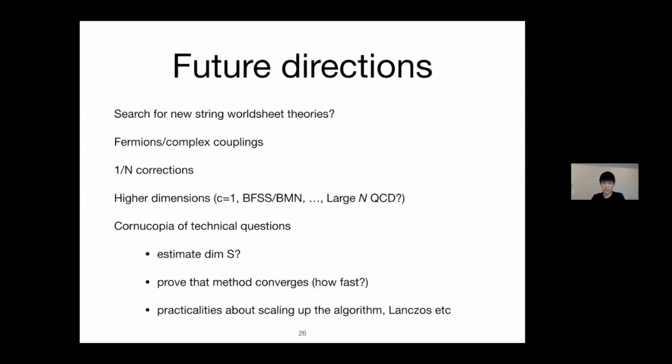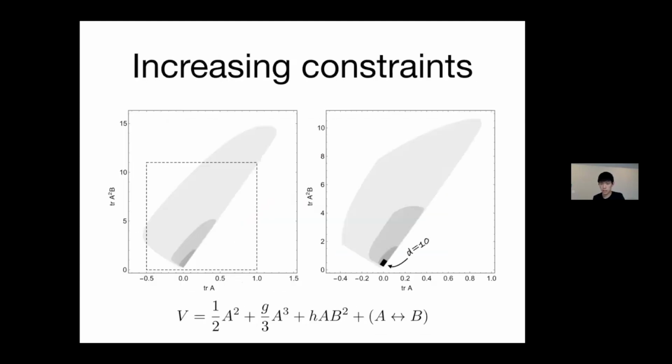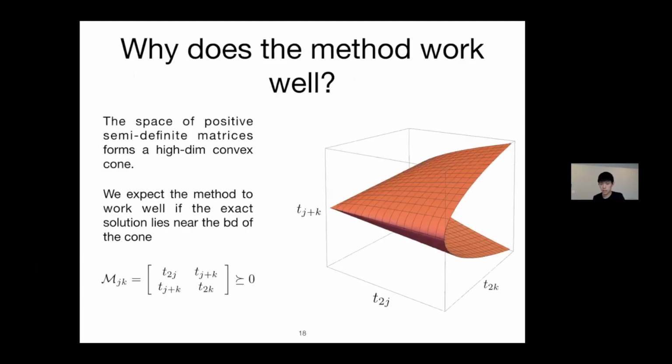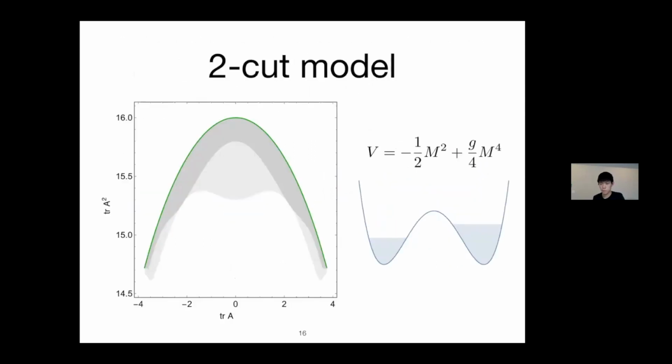I have a question about the behavior you found. You found some feature at the point where the potential curves and the finite N matrix model does not converge, right?